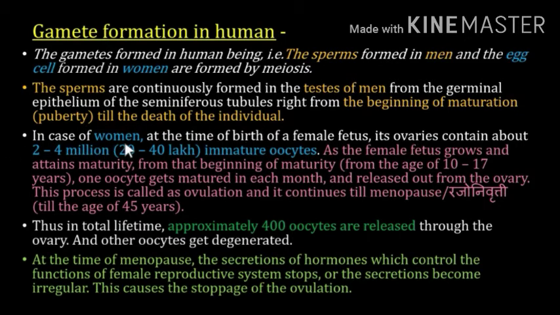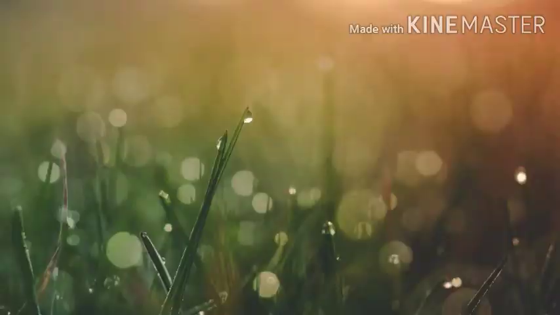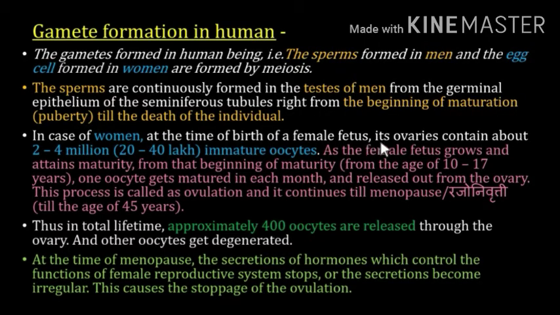In case of women, at the time of birth of a female fetus, its ovaries contain about 2 to 4 million immature oocytes, that means 20 to 40 lakh immature oocytes are present.